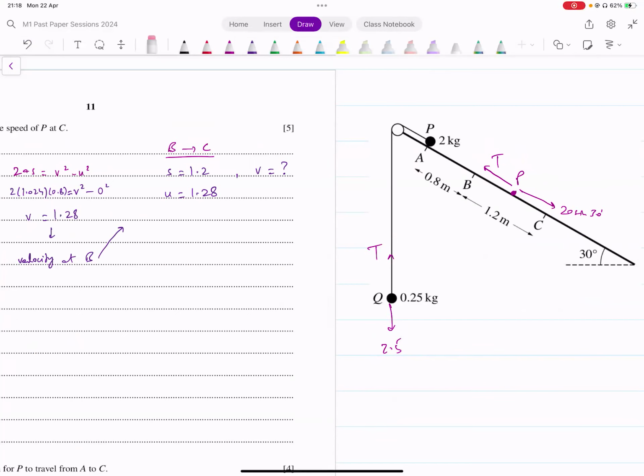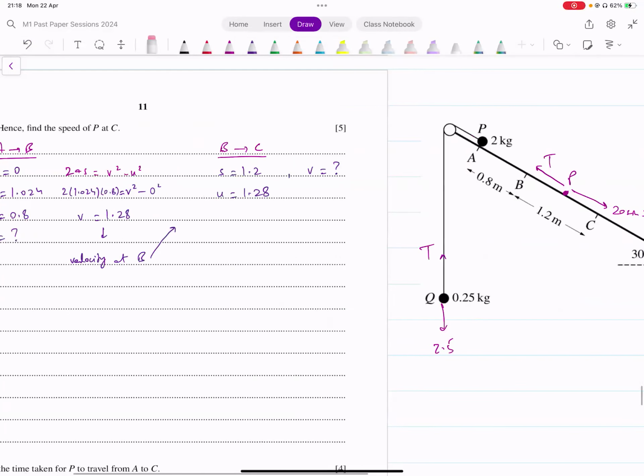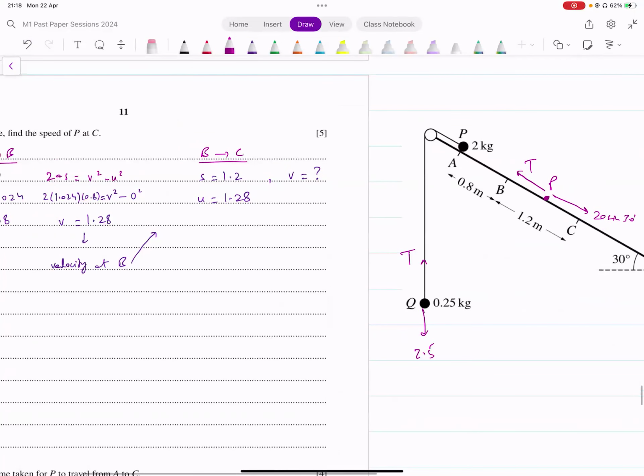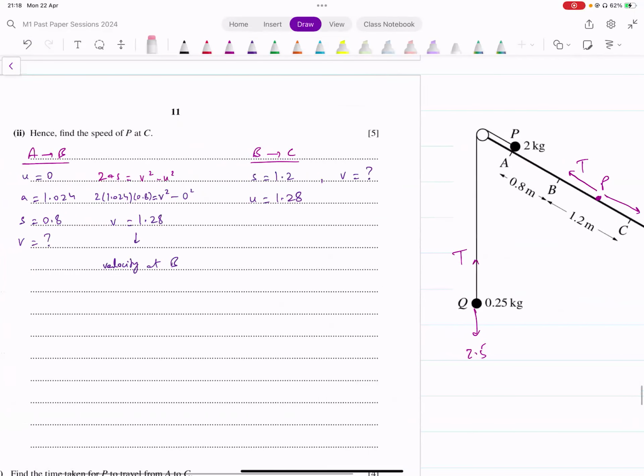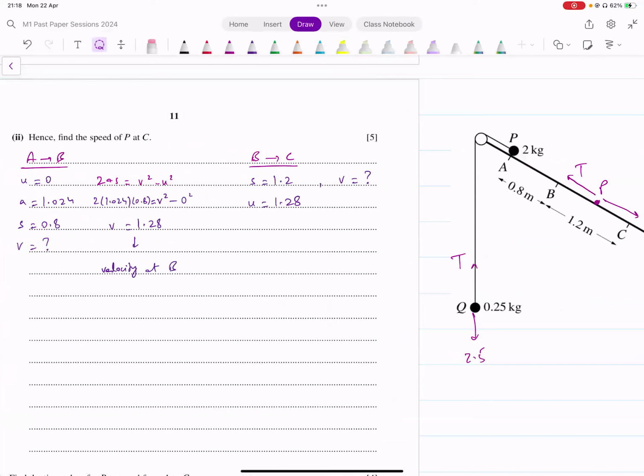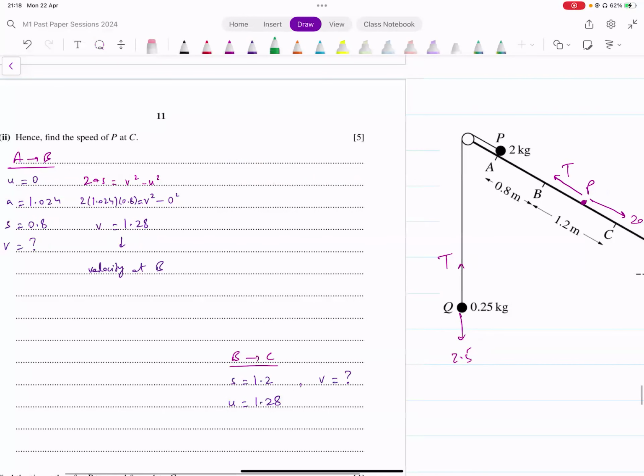That will work. Or you can break it down into two parts and do it for Q and P separately. You could do any of the two. Now, let me just take it down a little. And let's first calculate the acceleration for this part of the journey, from B to C.